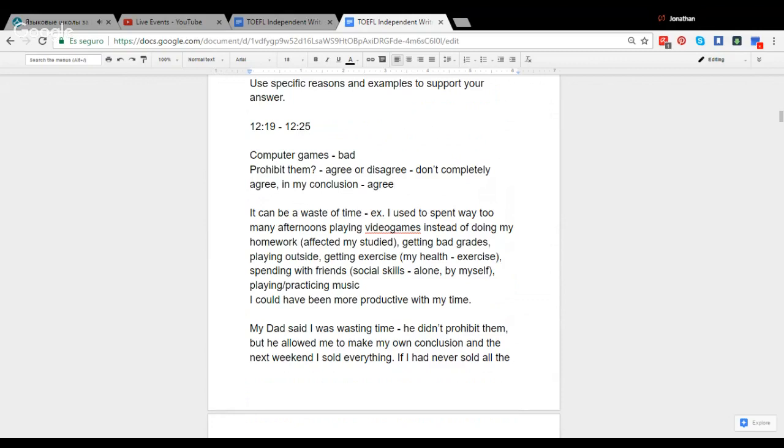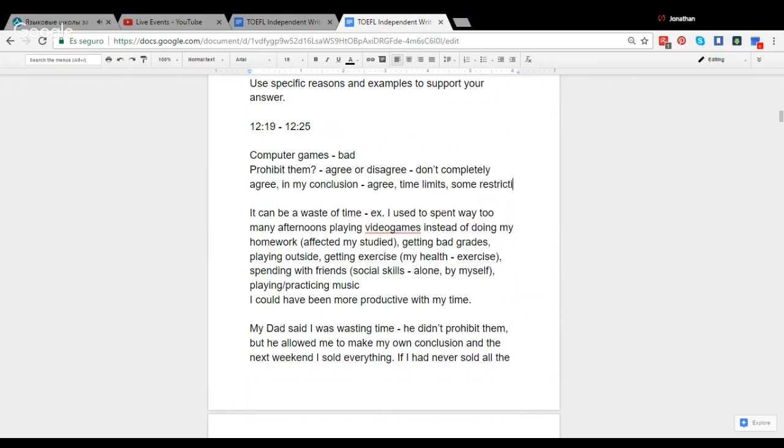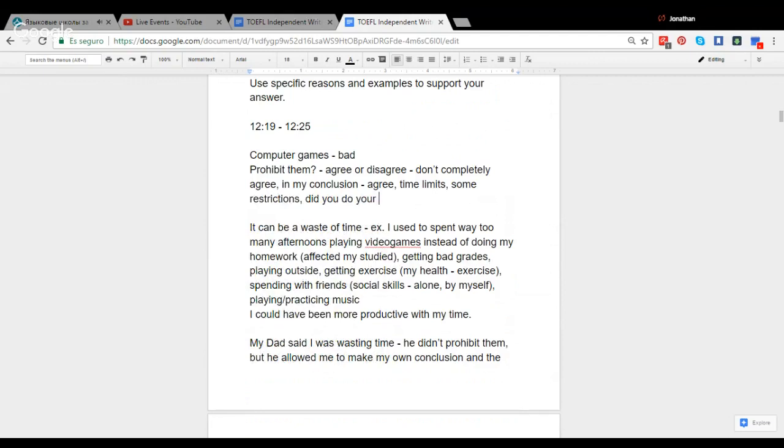Just the second element of the prohibition part of not allowing children to play them might be a little bit debatable. Maybe time limits would be one way how I would consider this. Time limits or some restrictions. Did you do your homework first?